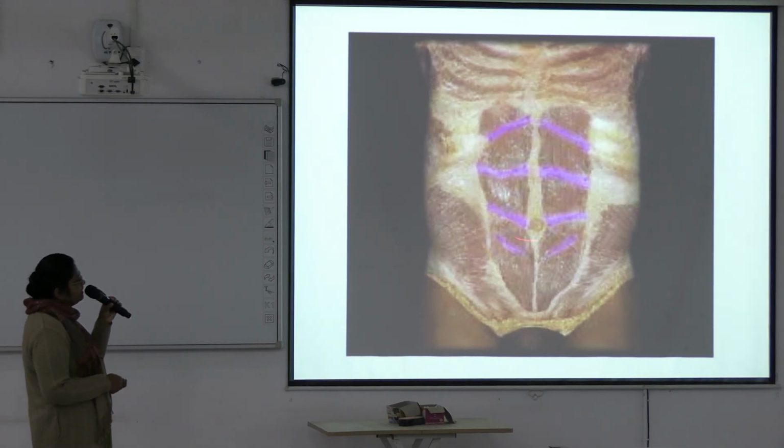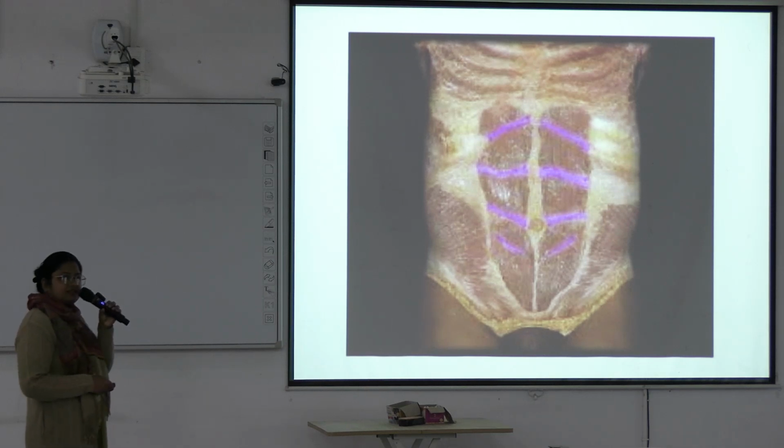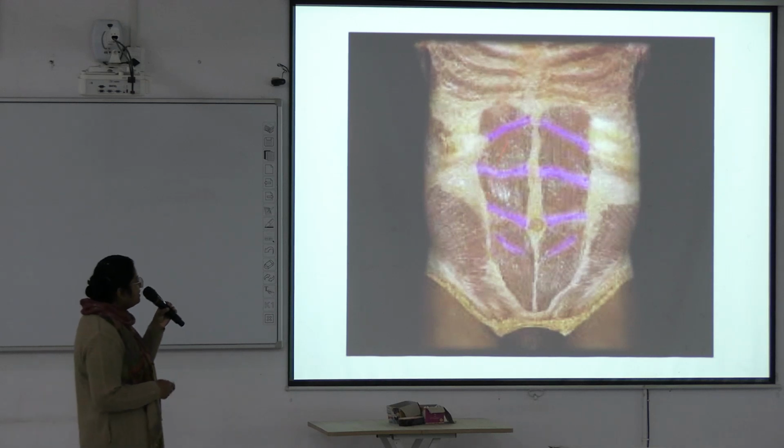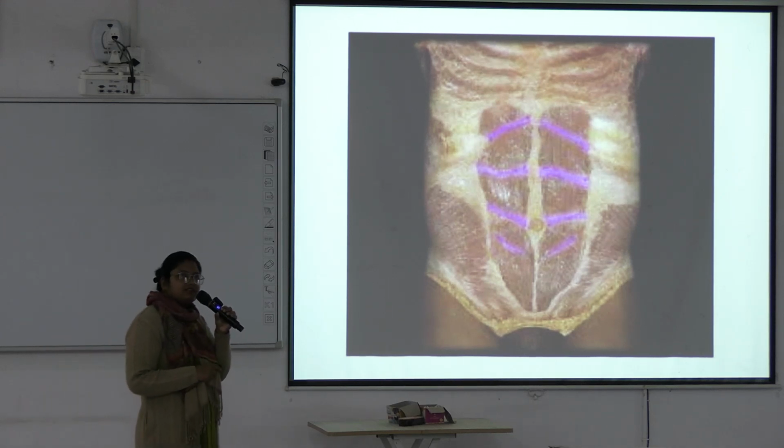One is located at the level of the umbilicus, and the third one is located at the midpoint between the xiphoid process and umbilicus, and the fourth one is sometimes present, lying below the umbilicus. Okay, understood? These are the locations of intersections.